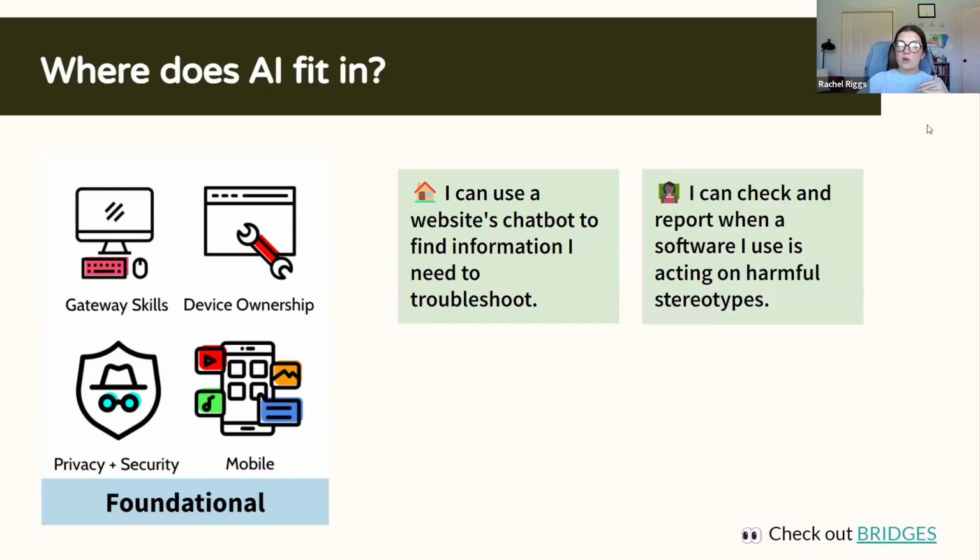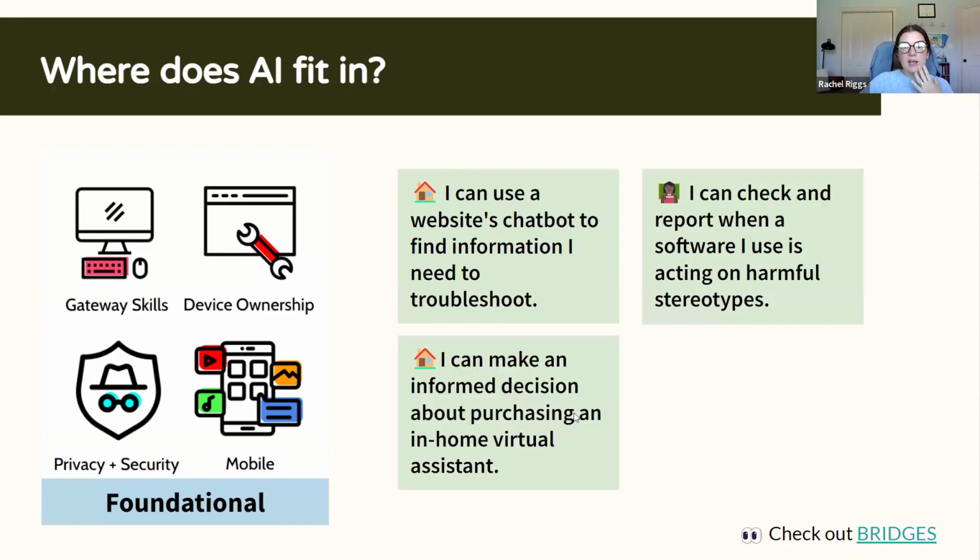Checking and reporting when a software I use is acting on harmful stereotypes. This is a teacher emoji, because we've included in Bridges competencies for teachers and educators. So having that awareness of when software is acting on harmful stereotypes. Making an informed decision about purchasing an in-home virtual assistant.